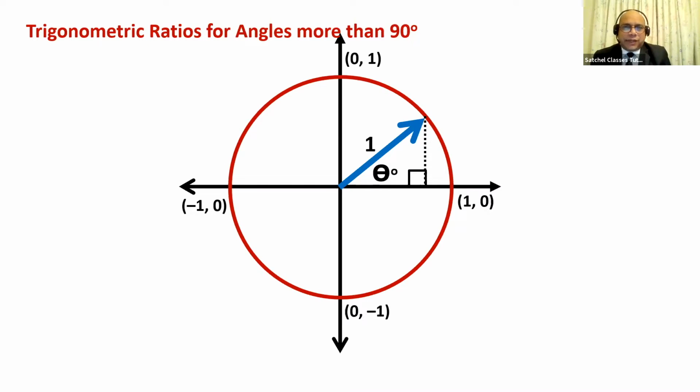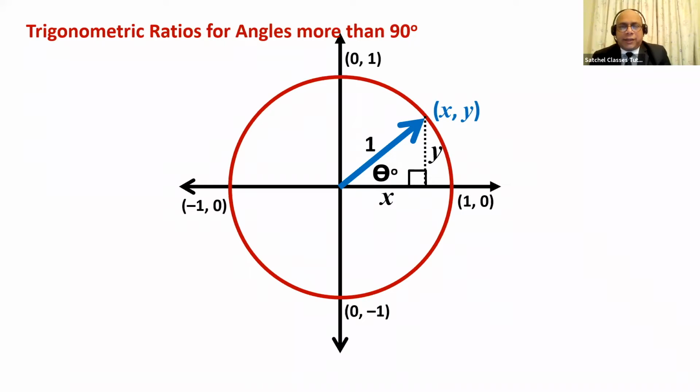Let's name the sides of this right angle triangle as x and y, correct? And hence, the coordinate of that point where the arrow touches the circle will be (x, y). Basically, the x coordinate of that point will be x because it is x units away from the y-axis, whereas the y coordinate will be y because that same point is y units away from the x-axis, right? Now let's use trigonometric principles to find out the values of x and y.